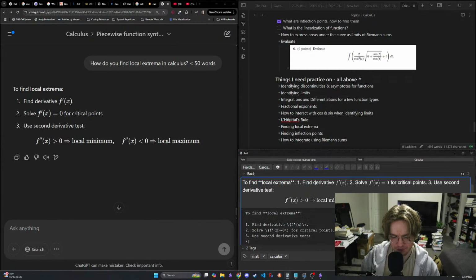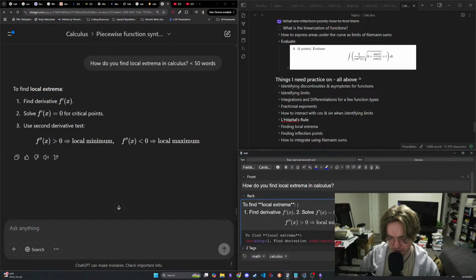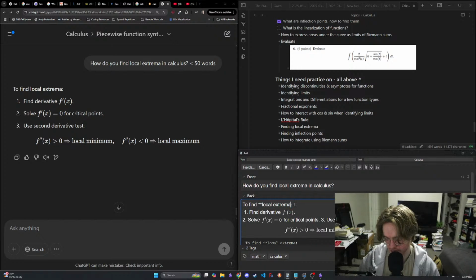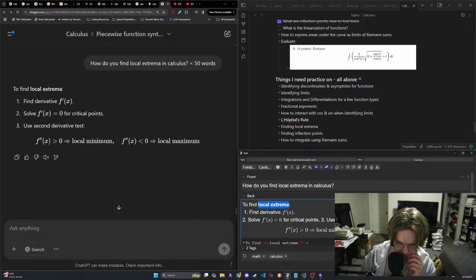Okay. So it looks like there's a first derivative test and a second derivative test.